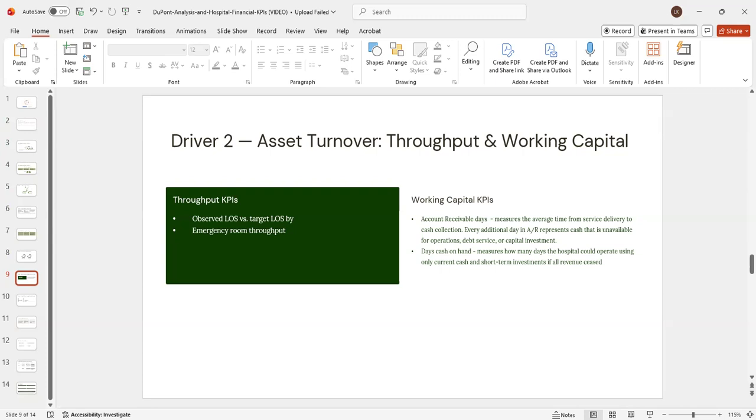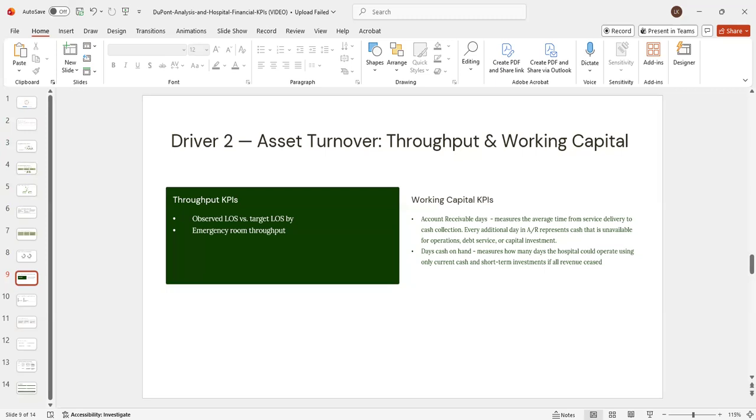So when you can put a larger number of patients through the system without having to invest more, it has a very direct impact on asset turnover because it boosts net revenue while keeping the total assets unchanged.